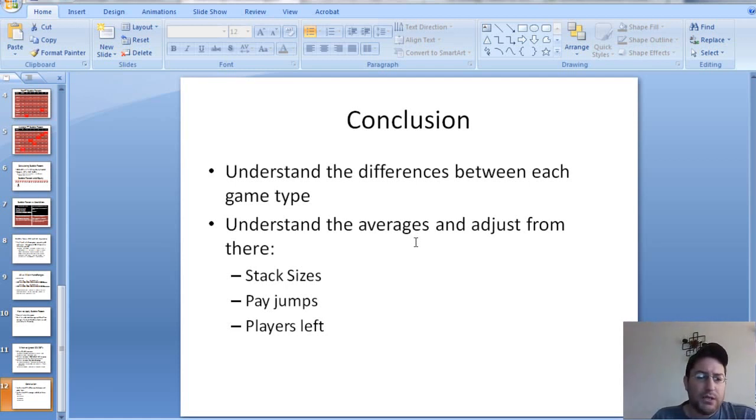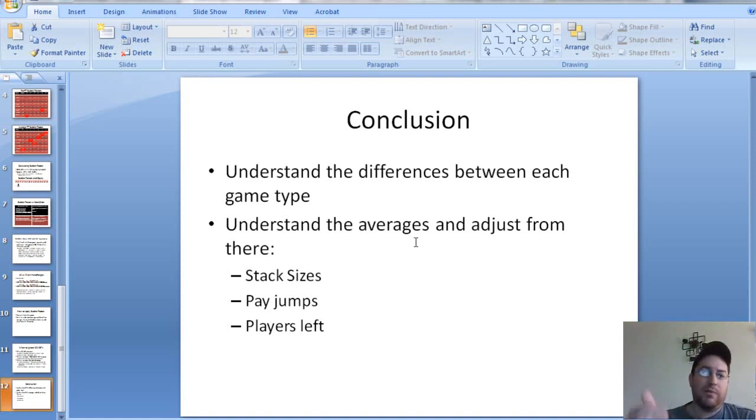So that's the conclusion, a kind of 30,000 foot view of the bubble factors, hopefully breaking it down into simpler form. I want to make a part 2 to this as well, where I go through specific hand history examples where you're in specific scenarios.